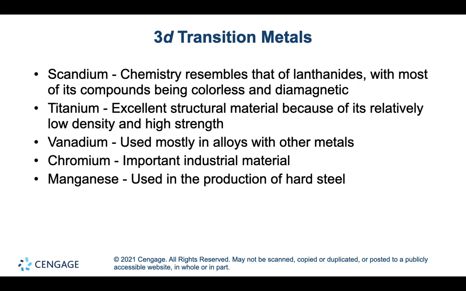Vanadium is also used in many alloys with other metals, often transition metals. Chromium, another element that's used in alloys such as stainless steel, but also used as the pure metal. We see it in anything that's got chrome. We say chrome mirror, the chrome fixtures in a bathroom.